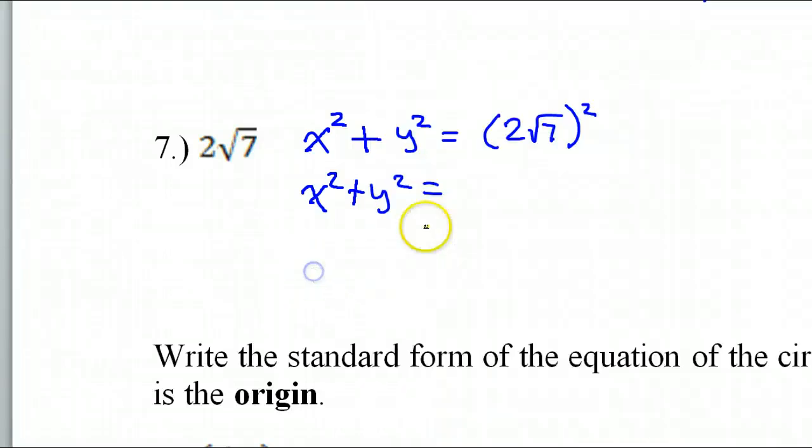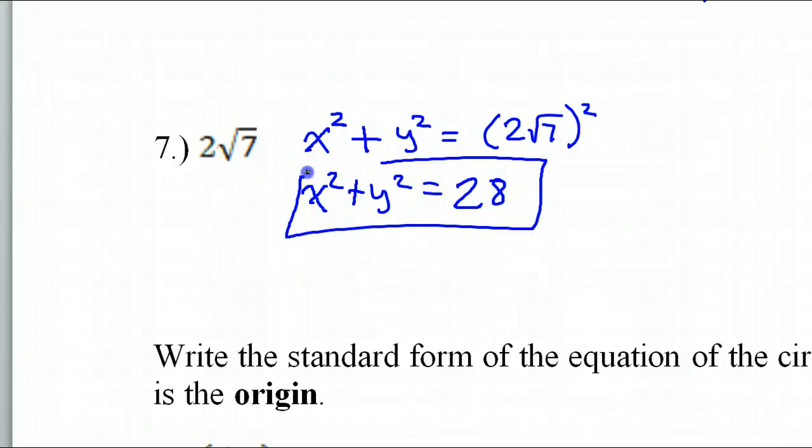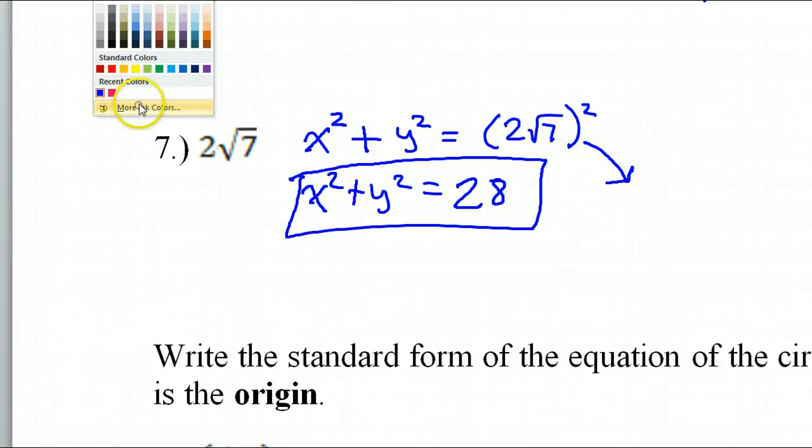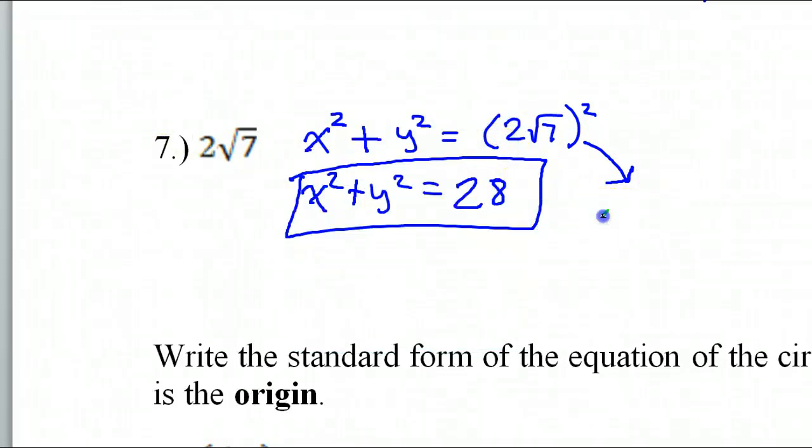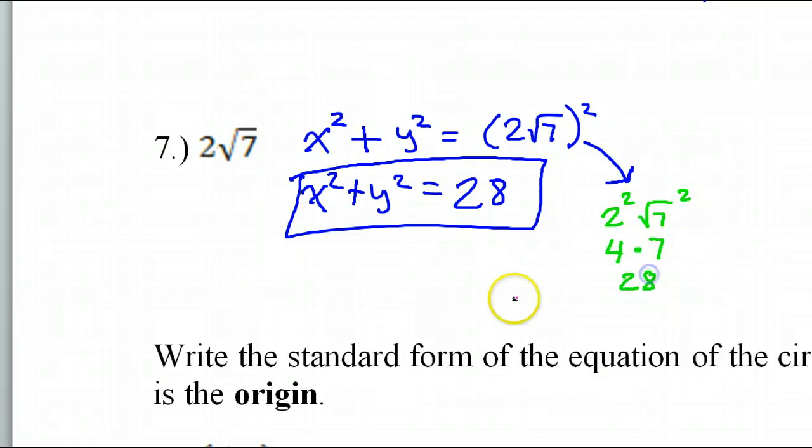That's 28. All right, or I could have done it by hand. I could have done 2 squared and radical 7 squared. Just square both of these things. So 2 squared is 4. Radical 7 squared is just 7. So that's where the 28 comes from.